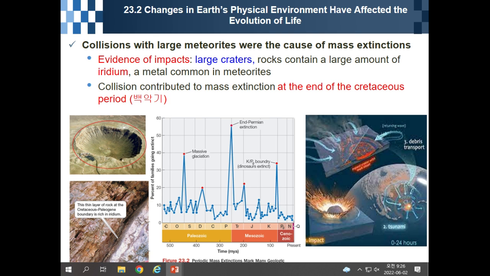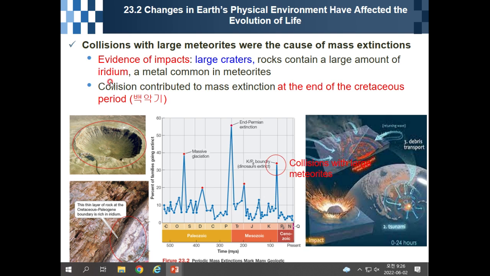They have lots of craters because there were lots of collisions with large meteorites. On Earth we also have large craters, and when we analyze rocks, some rocks contain a large amount of iridium. Iridium is a metal common in meteorites, so this is another evidence of the impact.